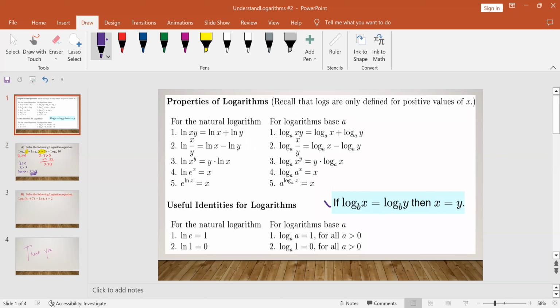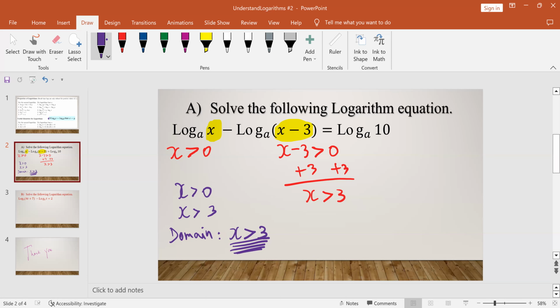This property here: if log of x with base b is equal to log of y with base b, then x equals y. So to use this property, we need one single log in the left-hand side and one single log in the right-hand side.